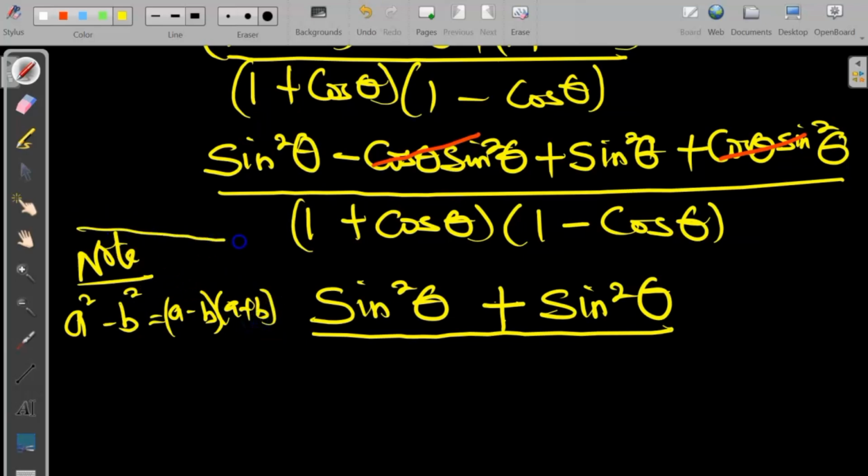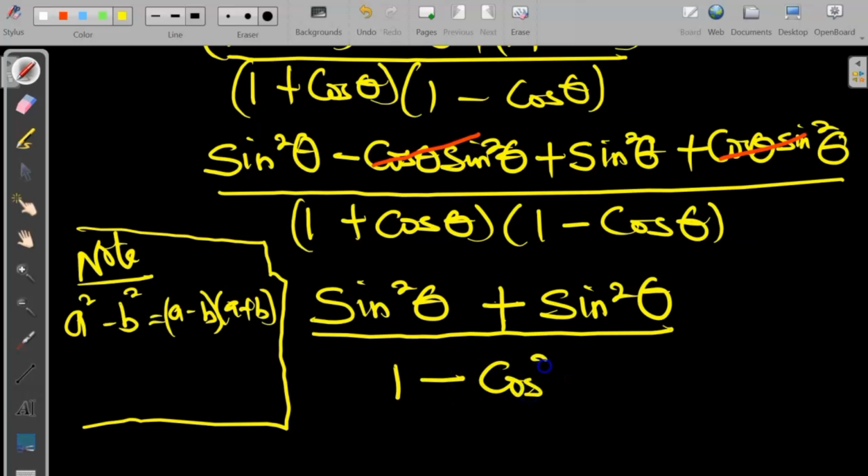This is what we call difference of two squares. Now let's look at this one. We have a plus b, a minus b. So this one gives us 1 minus cos squared theta.